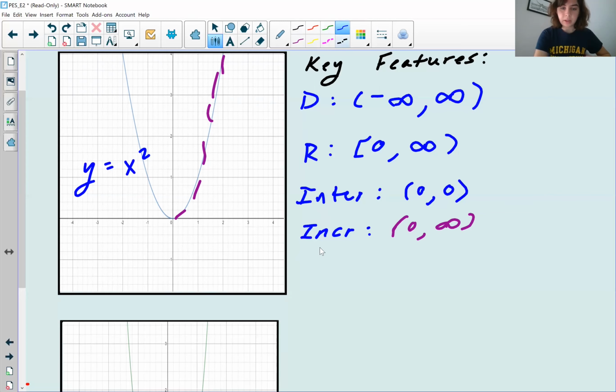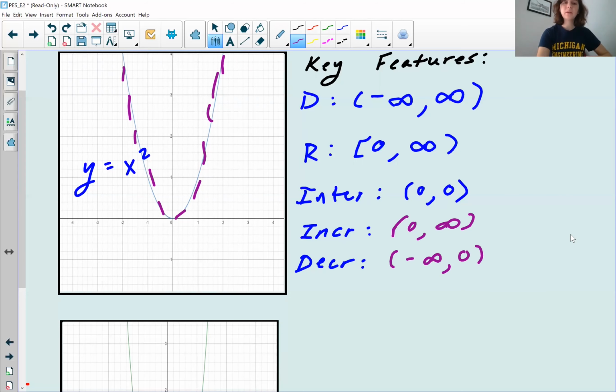Now we might want to look at where it is decreasing, and it's just the opposite. It's where the slopes are negative. And that's going to be from negative infinity to 0. But we can kind of check it. If I draw my lines, make them a little straighter this time, we can see that they are negative. So decreasing from negative infinity to 0.